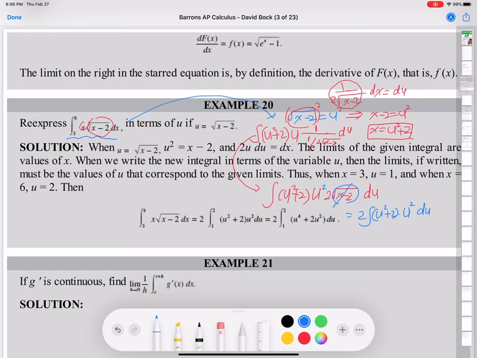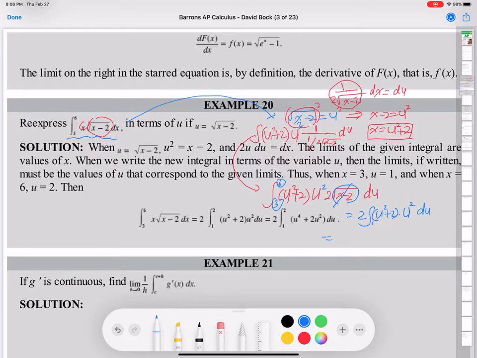And then last time we found the integral of this function and used just the two x values, 3 and 6, right? But I'm not going to use x values anymore. I changed these two x values to u values. If x equals 3, plug in 3 here: 3 minus 2, square root of 1 is u, that's 1.